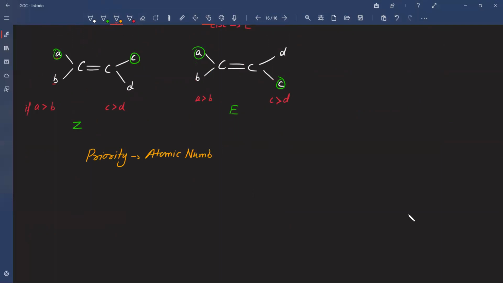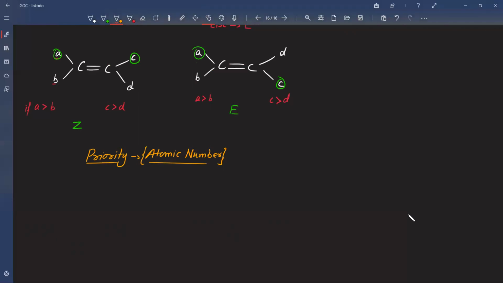But the thing is, you don't always have one atom attached to the carbon. It can be a group of atoms, that is a substituent other than just a simple atom. In that case, how are you going to find the priority? The criteria remains the same, that is atomic number.